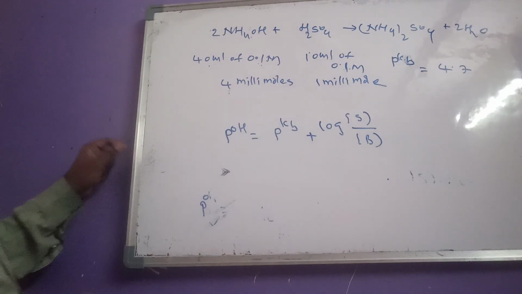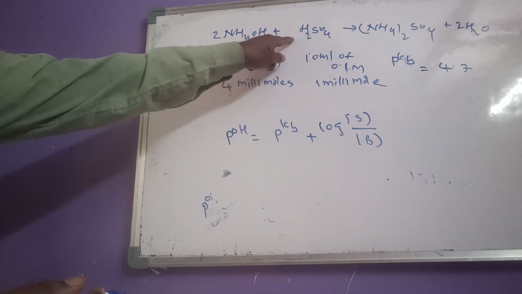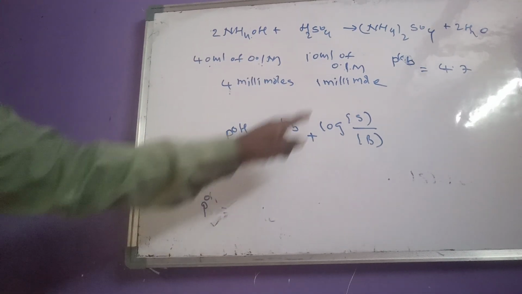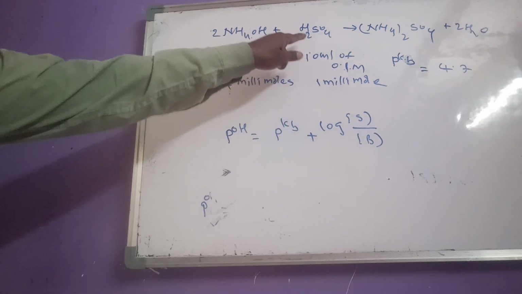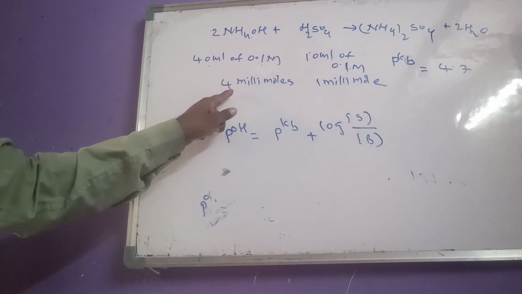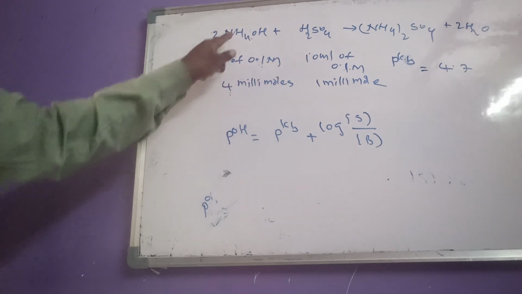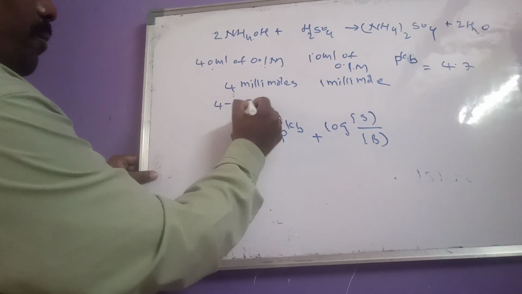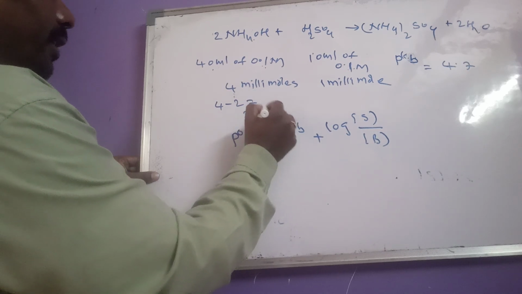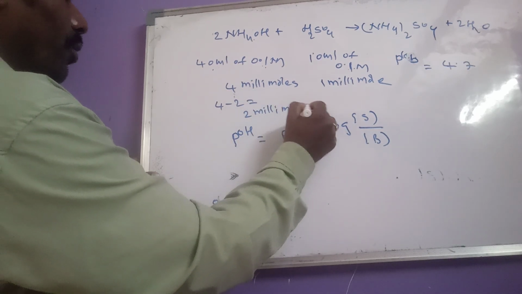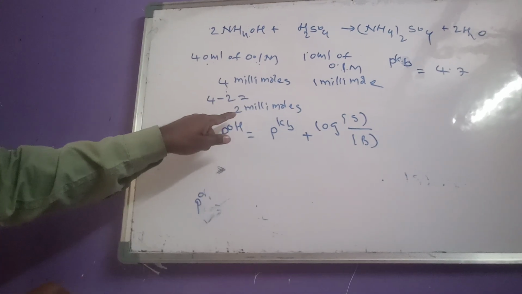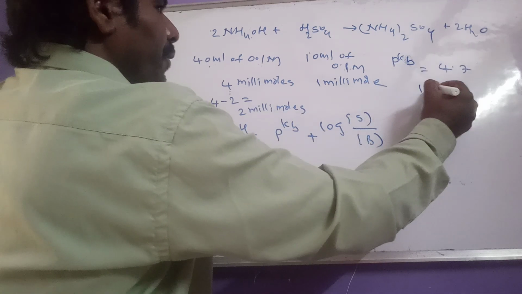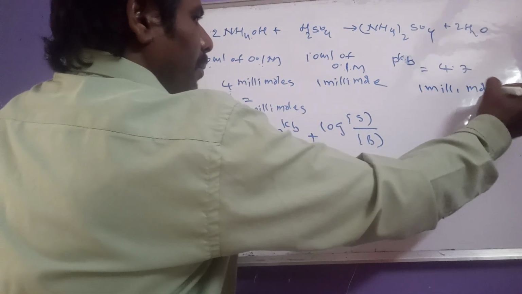As per the equation, 1 mole of sulfuric acid reacts with 2 moles of NH4OH. In the similar way, 1 millimole of H2SO4 reacts with 2 millimoles of NH4OH. Out of 4 millimoles, 2 millimoles participated in the reaction. The remaining base is 2 millimoles, and the salt formed is 1 millimole.